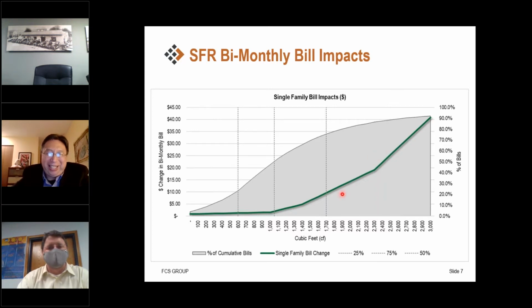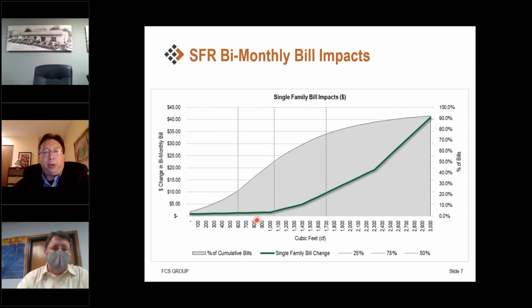Okay. All right. This green line here represents the change to the billing. And what we see here is as the bill goes up, there are several inflection points. And those inflection points represent the breaks in the tiers. So as you recall, I mentioned early on that we are recommending that we move away from a single tiered structure to a 4-tiered structure.